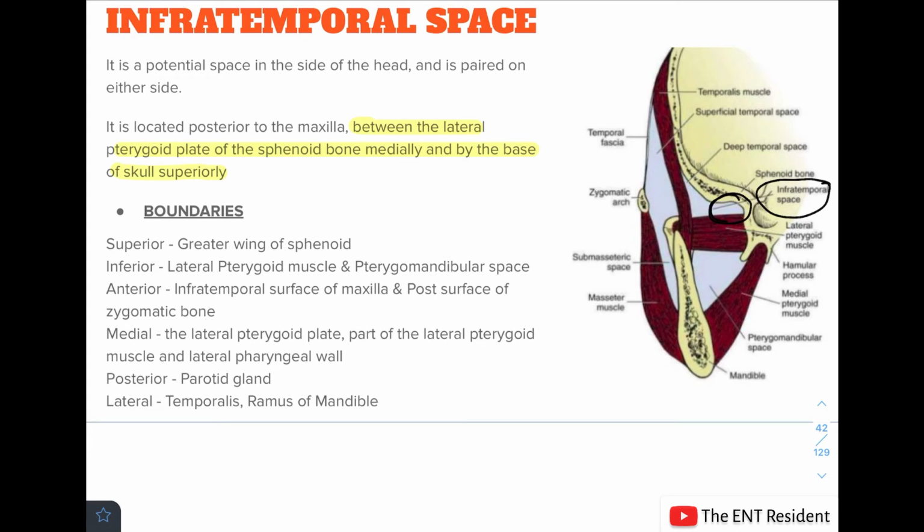Coming to its boundaries, it is bounded superiorly by the great wing of the sphenoid, inferiorly by the lateral pterygoid muscle and pterygomandibular space, anteriorly by the infratemporal surface of the maxilla and posterior surface of the zygomatic bone, medially by the lateral pterygoid plate and part of the lateral pterygoid muscle, posteriorly by the parotid gland, and laterally by the temporalis and the ramus of the mandible.